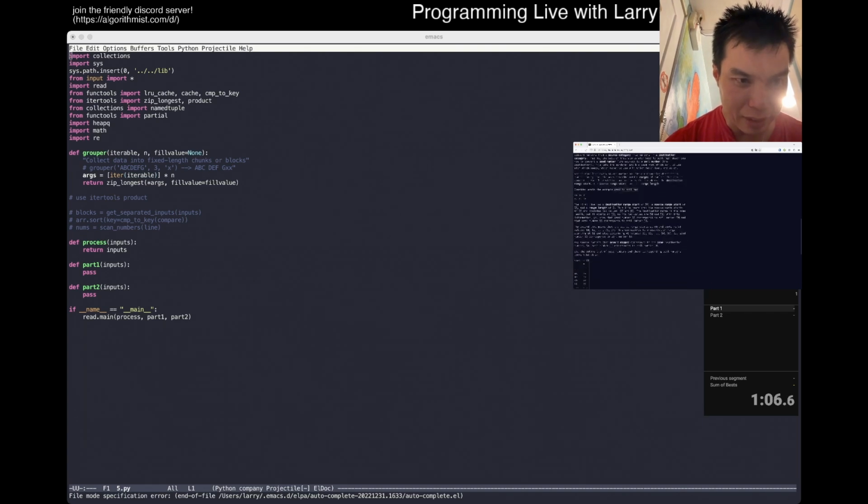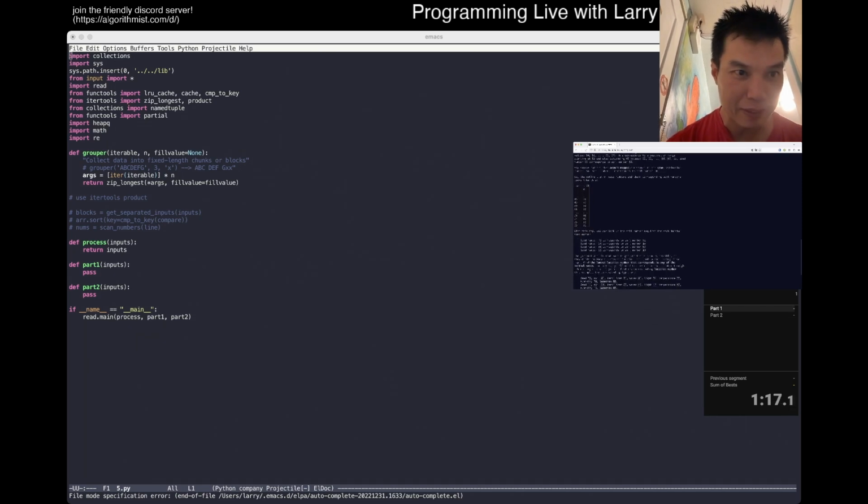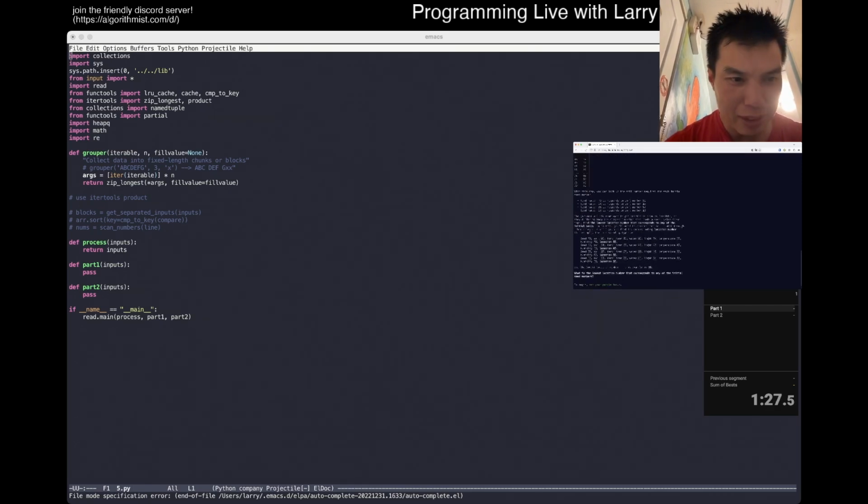Okay, I think I get it, but what are we doing? Okay, fine. Our map corresponds to the same destination number. Okay, fine. The lowest location.